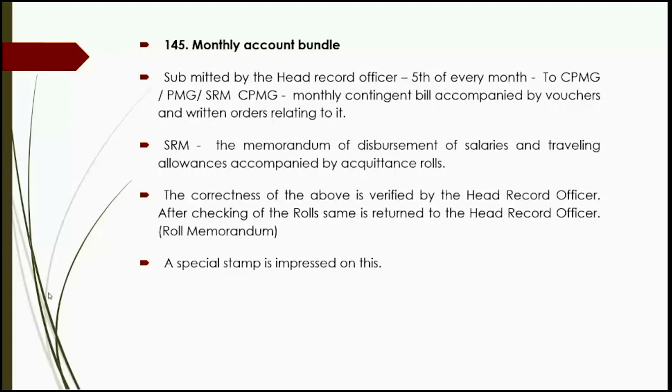The head record officer will be submitting the monthly account bundle on the 5th of every month. It will contain the monthly contingent bill, along with the concerned vouchers and the orders obtained for incurring the expenditure. Everything will be recorded in that.